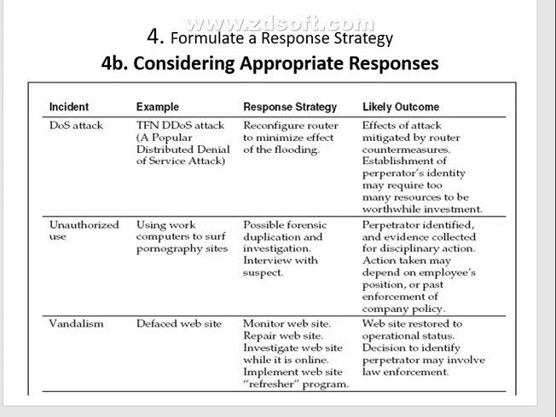As a response strategy, an investigator needs to perform possible forensic duplication and investigation and interview the suspect. Our likely outcome is that the perpetrator will be identified and evidence collected for disciplinary action, and action can be taken depending on the employee's position or past enforcement of company policy.